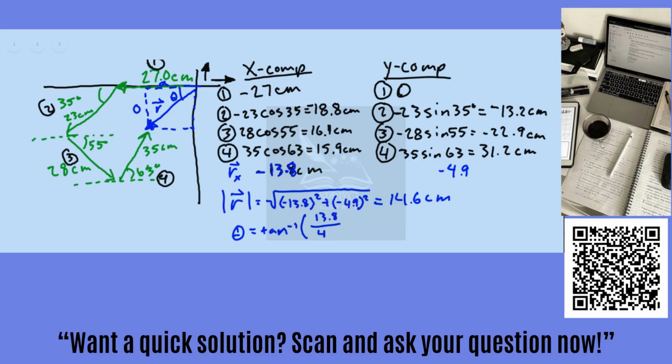The opposite side is going to be the y component, 12.9, over 13.8, giving us about 19.5 degrees south of due west.